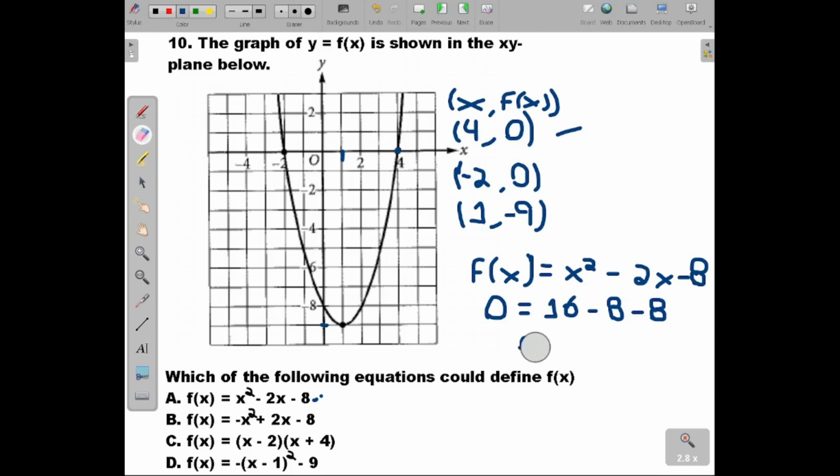Now let's check the second point. So x is equal to negative 2 and f of x is 0. So 0 equal to negative 2 squared is 4. Negative times negative becomes positive and 2 times 2 is 4.